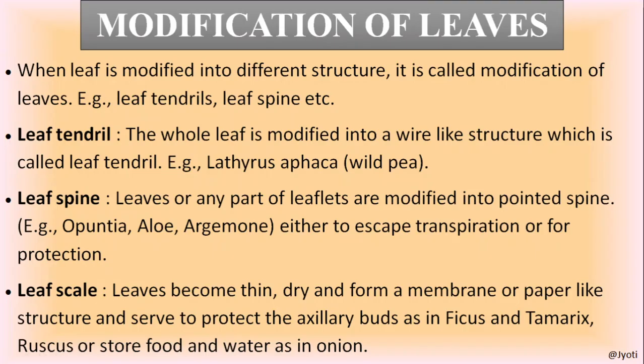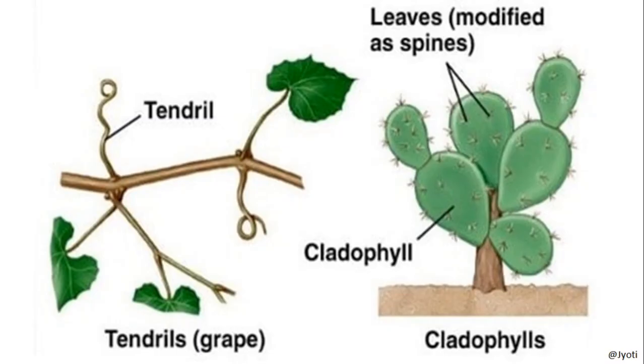Then the next one is leaf spine. Here the complete leaf or a part of the leaflets are modified into pointed spines. You can see this in the case of Opuntia. The stem is modified into a phylloclade, a flattened leaf-like structure, but the leaves are very much reduced in size and modified into spines.